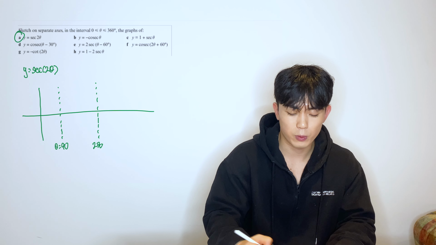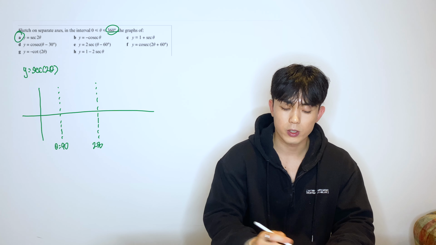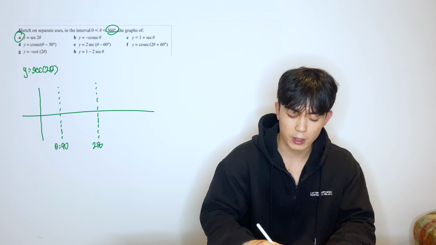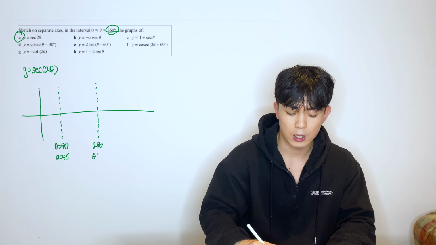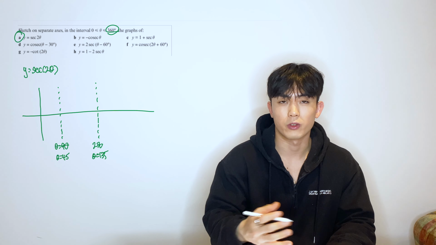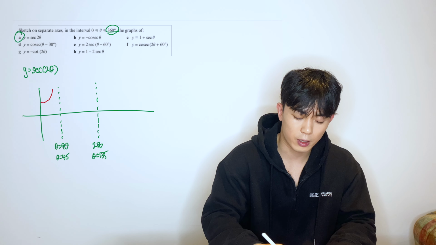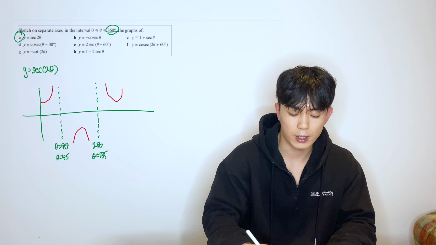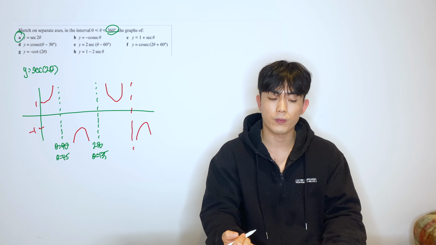This is 270. We only need to draw up to 360 degrees, so we can just draw these. And now, because it's divided by 2, the asymptotes are now going to be divided by 2 as well. So 45 and 135. I'm not going to draw the rest because this is repeated. And we just flip it up and down. So this will flip like this, here, here, and so on. 1 and -1 like this.